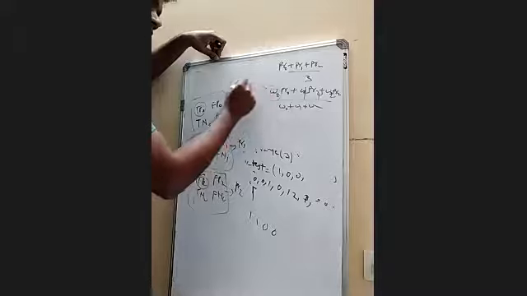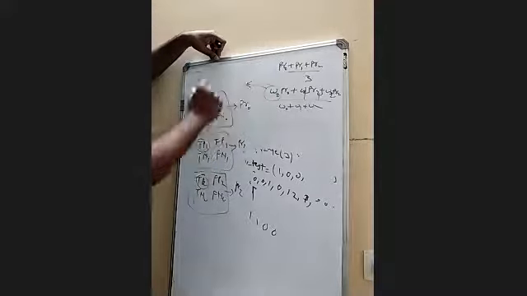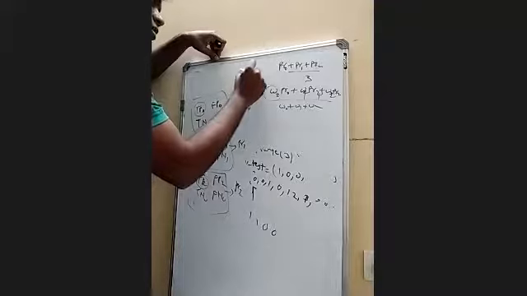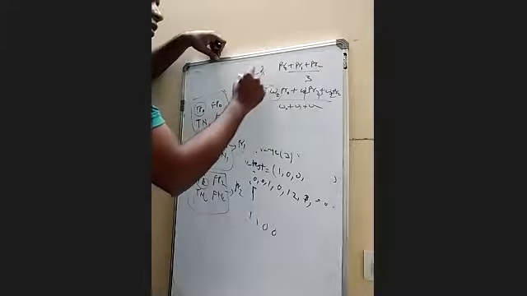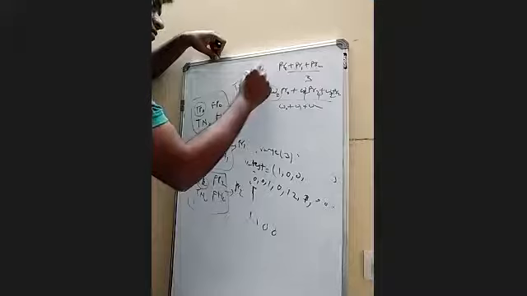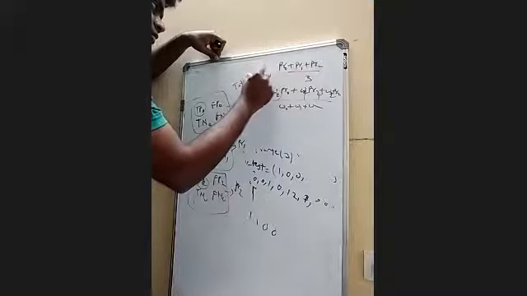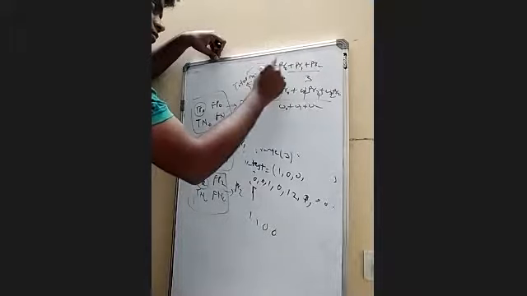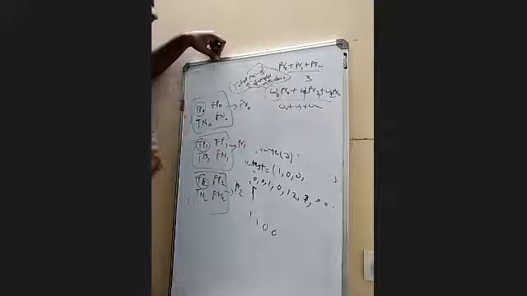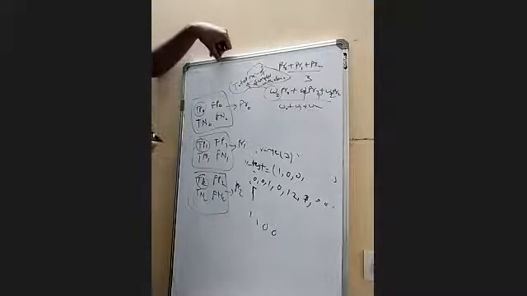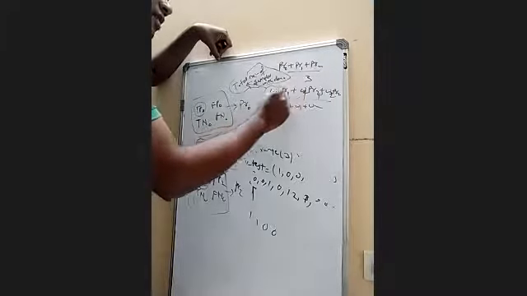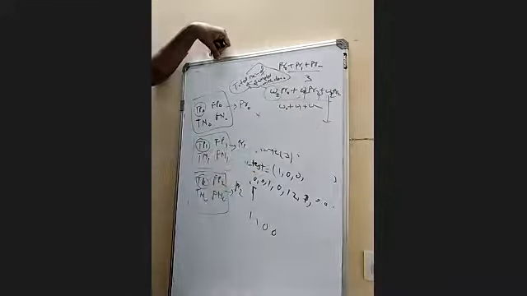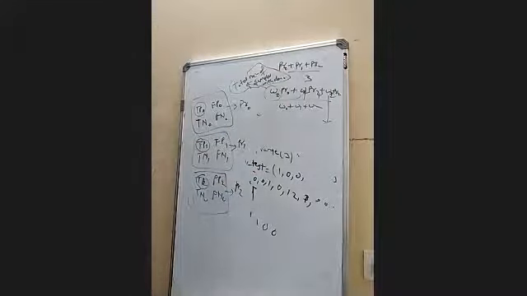This weight W0 is the total number of samples with class 0, W1 is the total number of samples with class 1, and W2 is the total number of samples with class 2.